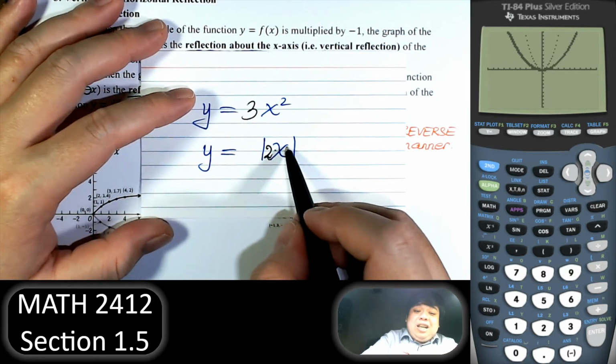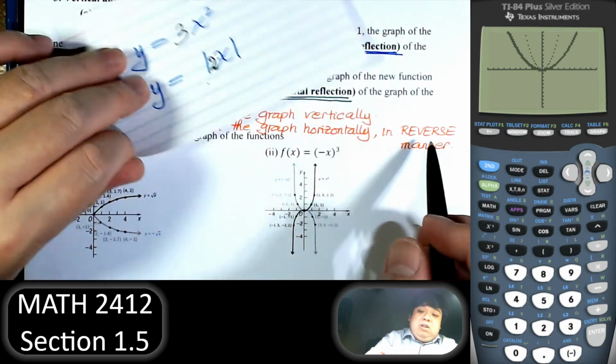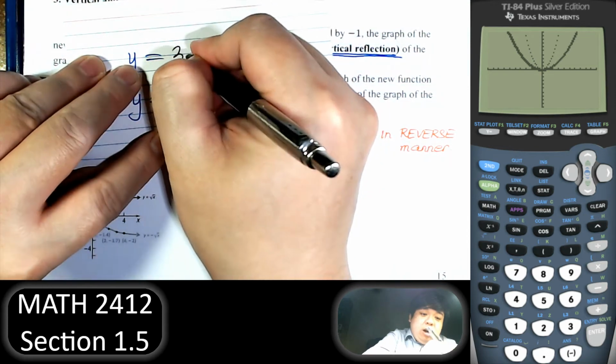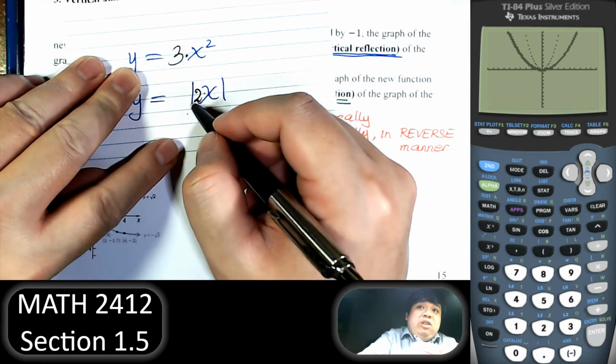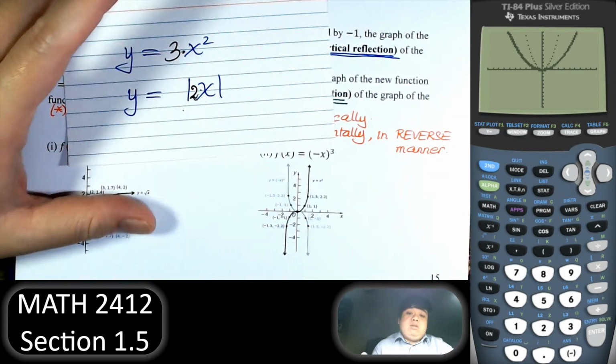So in this case, all the x values are divided by 2, not multiplied, because that is in the reverse manner. So if it is on the outside, we multiply the y values by it. If it is inside, we divide by that number. So work in the reverse manner if it is inside.